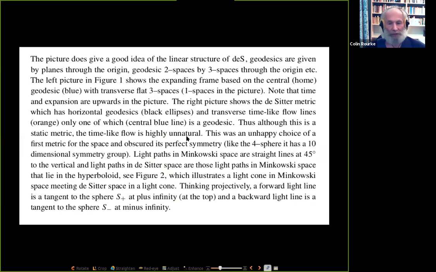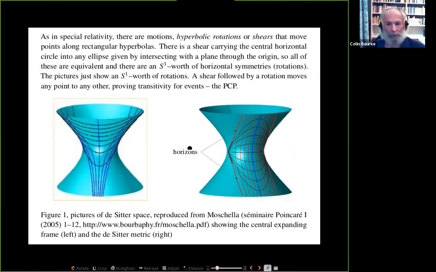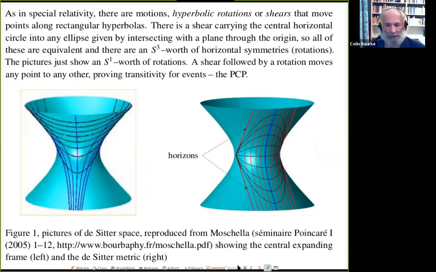And that's his metric, these coordinates I've got there. So the right picture shows a DeSitter metric with horizontal geodesics, black ellipses. Oh, they are geodesics. Yes, of course they are. They're intersections with planes in the origin. Sorry, I said they weren't, but they are. And the transverse time-like flow lines, orange, for which only one, the center one, is a geodesic.